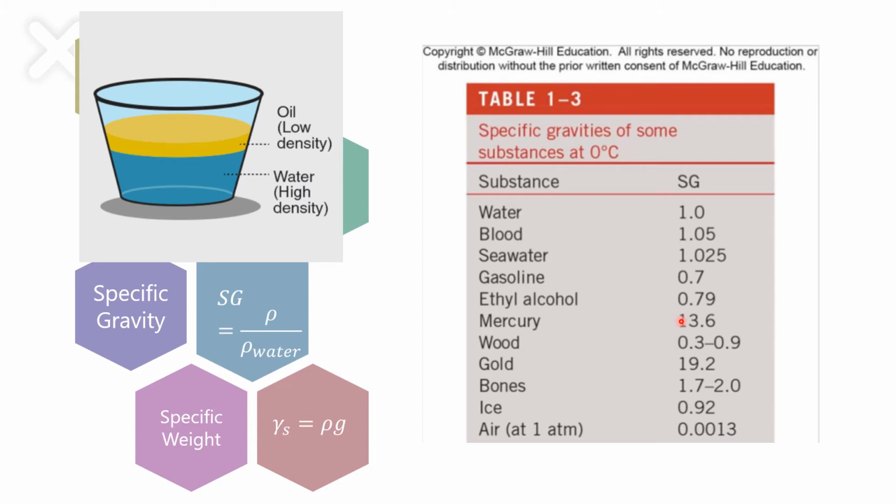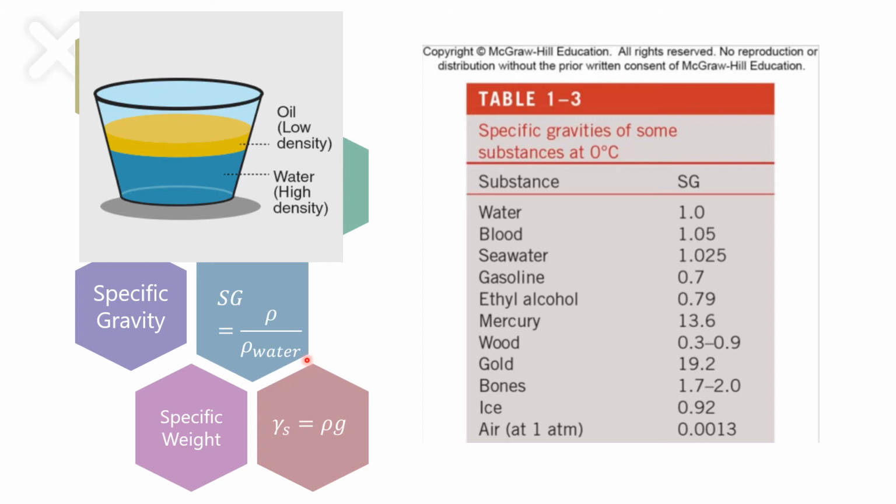Sometimes, the density of a substance is given relative to the density of a well-known substance. This is called specific gravity, or SG, or relative density, and it is defined as the ratio of the density of a substance to the density of some standard substance at a specified temperature.